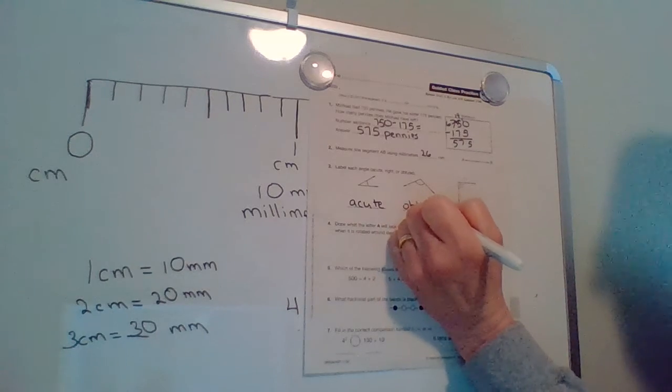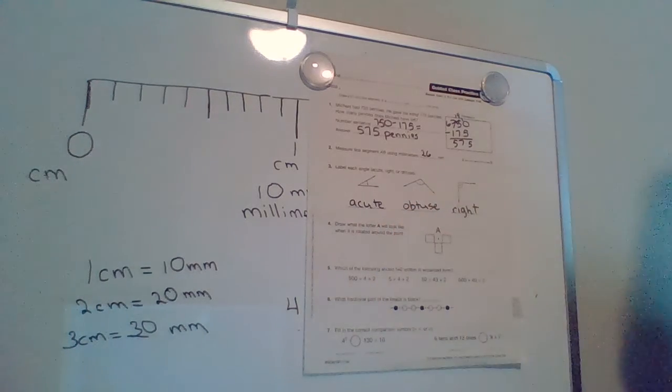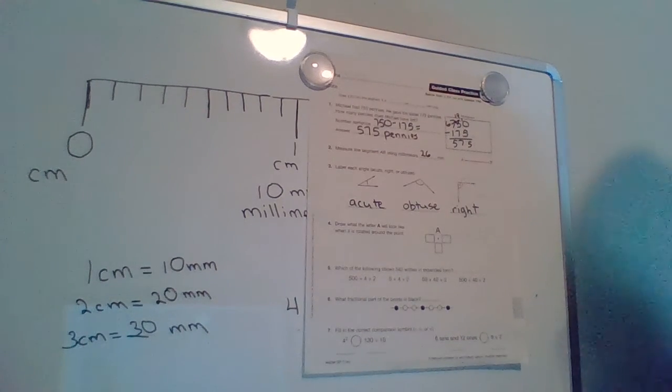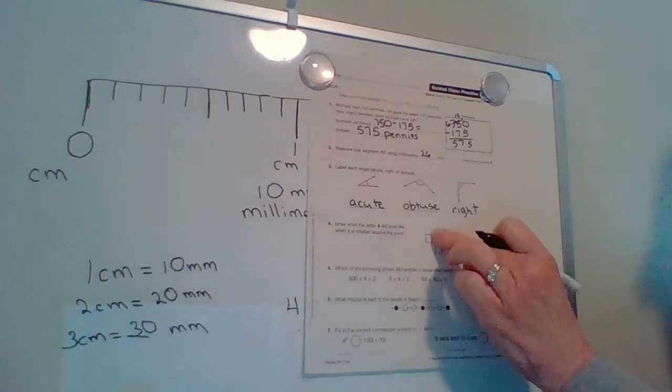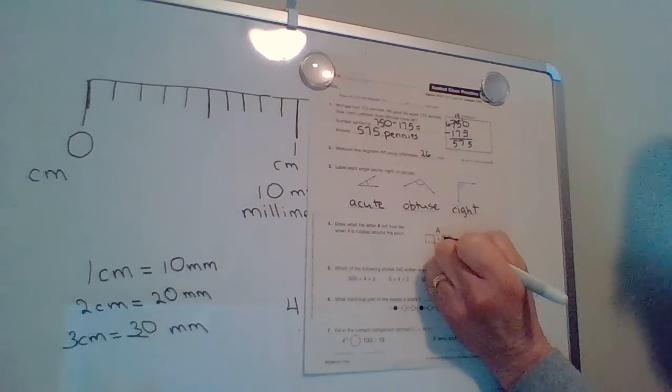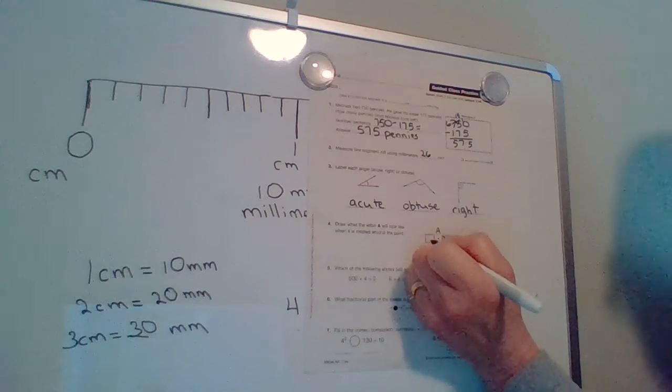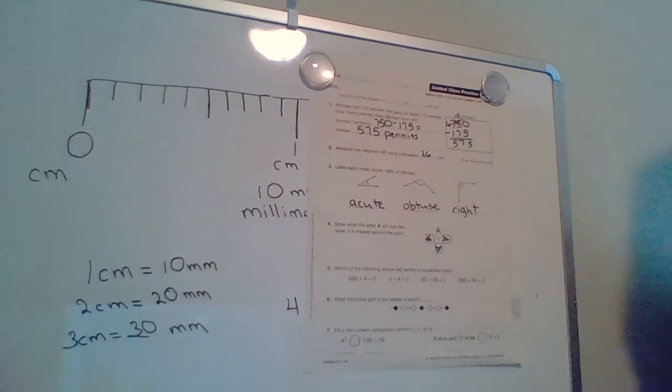Obtuse. All right, draw what the letter A would look like when it is rotated around the point. Okay, so we have to imagine we're taking the tip of this A. I'm going to rotate it, and rotate it.